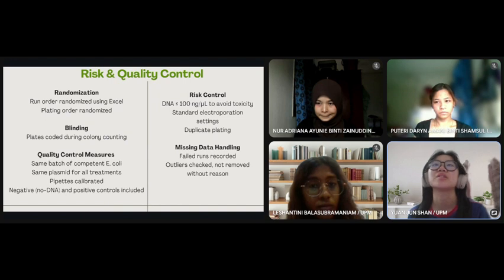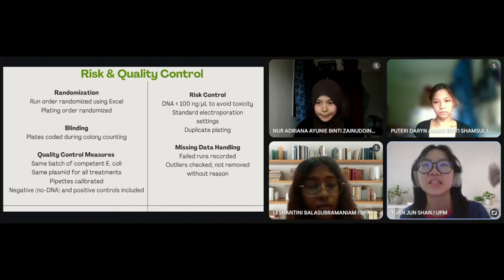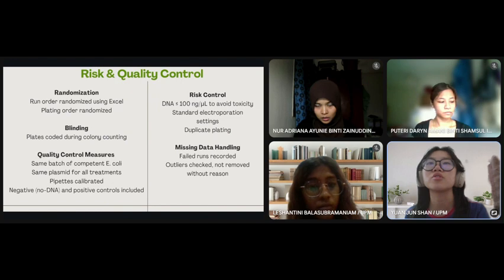For the risk control, the DNA is less than 100 nanograms per microliter to avoid toxicity, and we have ensured standard electroporation settings, and we also duplicated the plating.